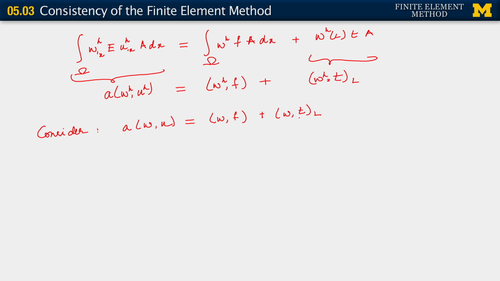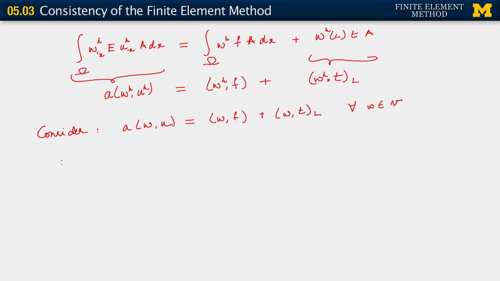Now, remember what we say here for the weighting functions. We say that this weak form holds for all w belonging to V.